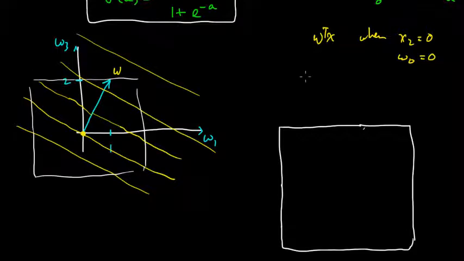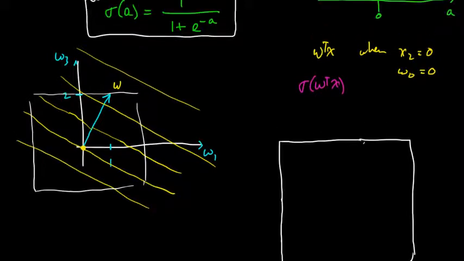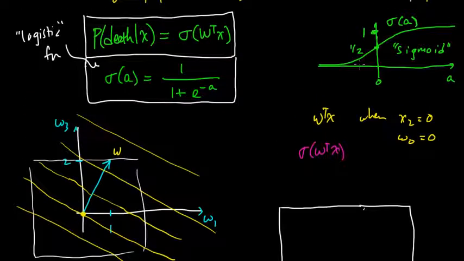What we're going to try to draw is after you pass this thing through this sigmoid function. Remember, this is the sigmoid function. This is the logistic function here. And we had a plane here, right? The yellow lines were this plane, this w transpose x. And after you pass it through this sigmoid, it's going to be small.